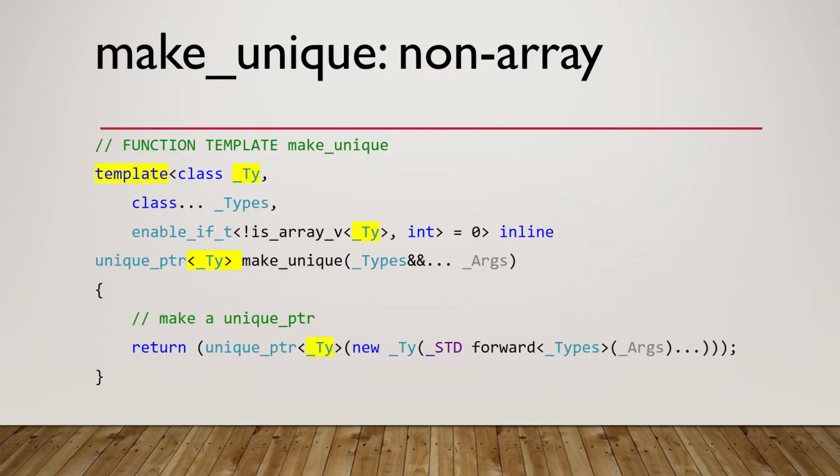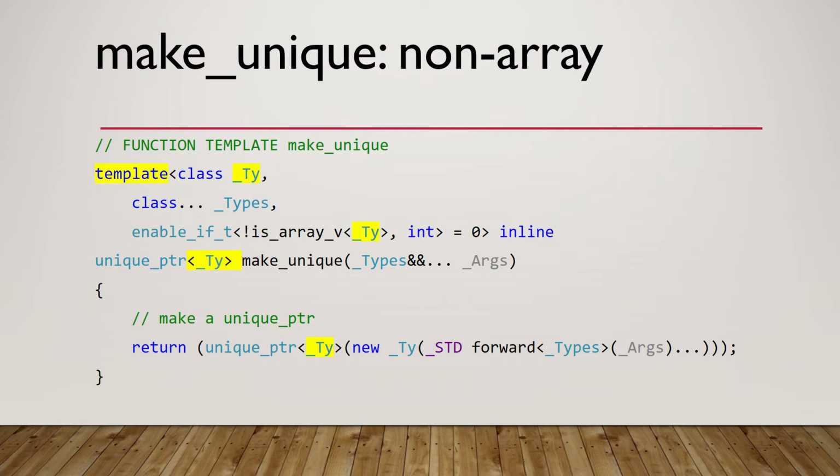With the standard template knowledge at our disposal, let's go back to the definition of make_unique for non-array arguments. It looks a little bit different. We can see the word template and the class type Ty to define the make_unique function.